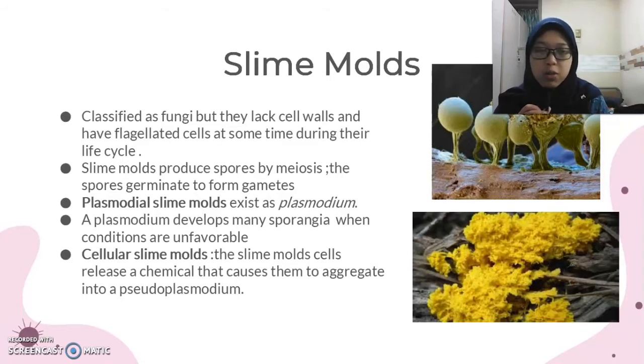The pseudoplasmodium stage is temporary and eventually gives rise to a fruiting body in which sporangia produce spores. When favorable conditions return, the spores germinate, releasing haploid amoeboid cells, and the asexual cycle begins again.